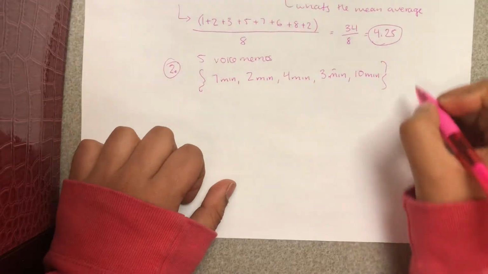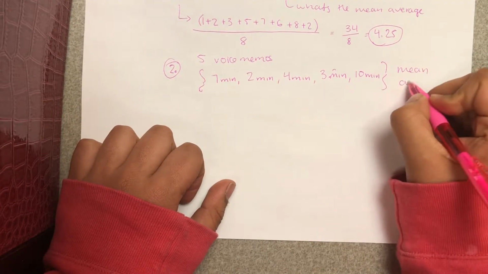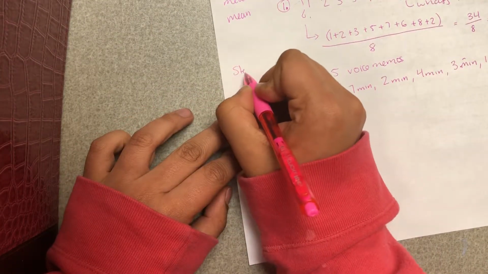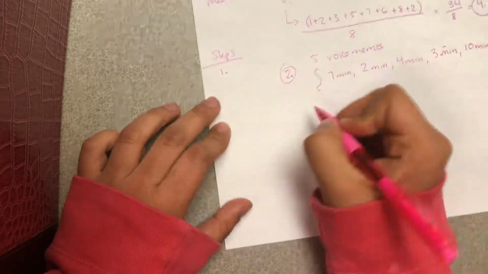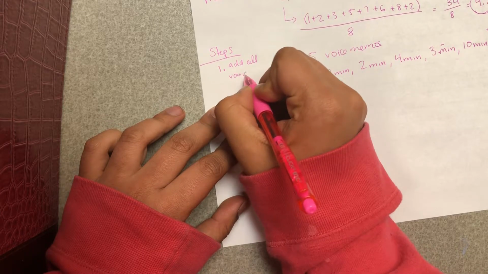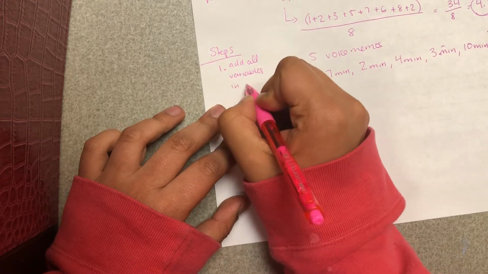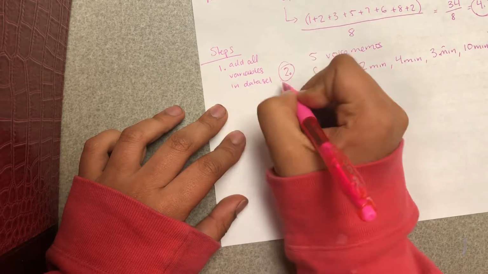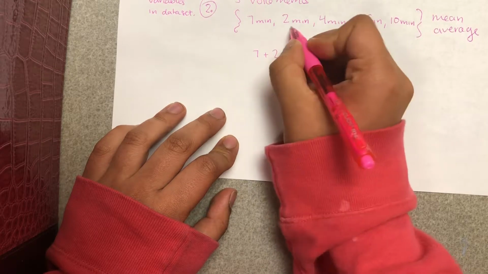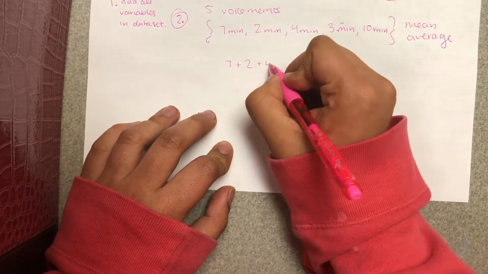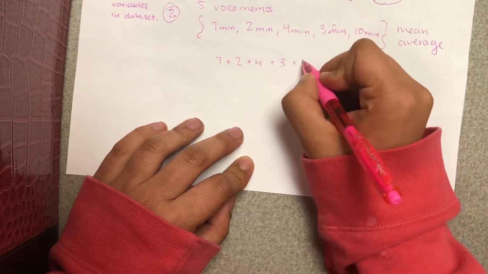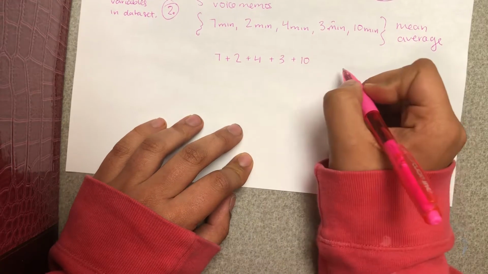So now I want to find what is the mean average of this data set. So let me just write steps here. Let's figure out what our steps are. Step number 1, we're going to add all variables in the data set. So that would be 7 plus 2 plus 4 plus 3 plus 10. 1, 2, 3, 4, 5, and there's 5 of them.